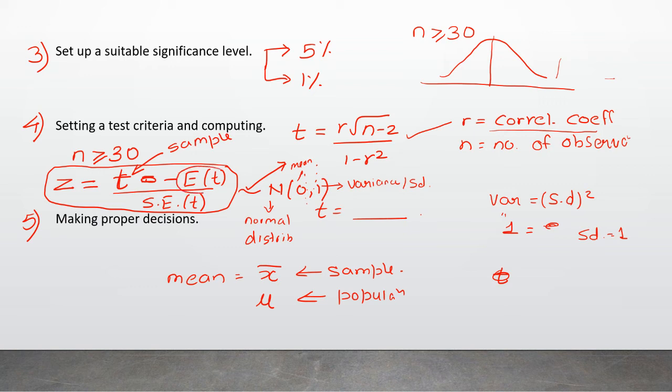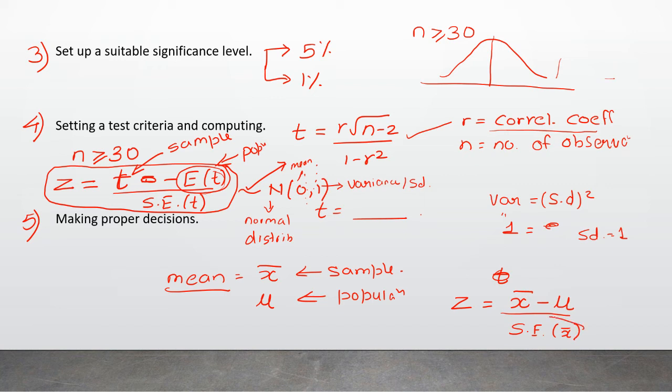And E of t is the value of the population, or we can say the expected value of t. So if I want to calculate the z or the test statistic for this mean, t will be replaced by x bar minus the mean for the population, or E of x bar, which is mu, upon the standard error of x bar.